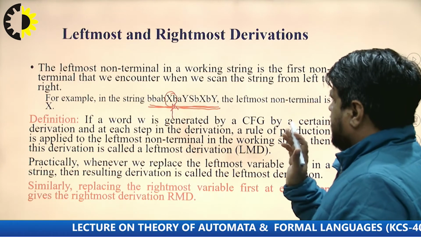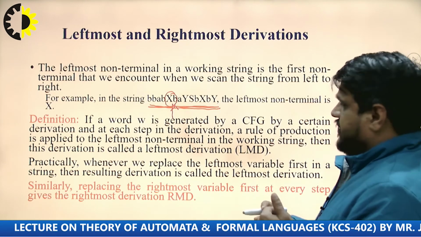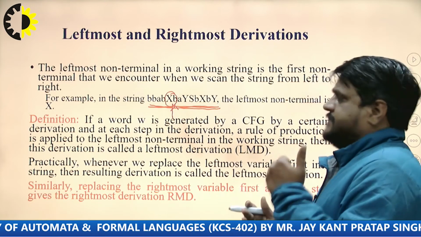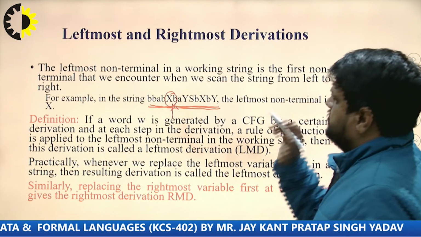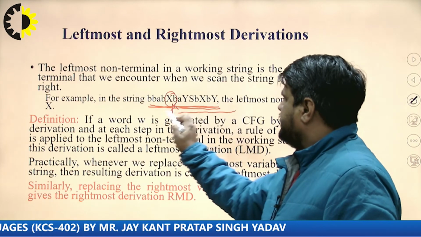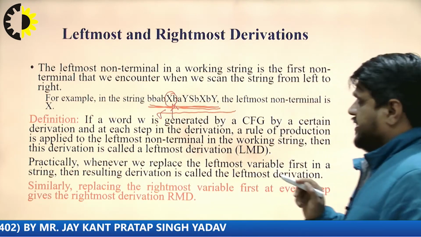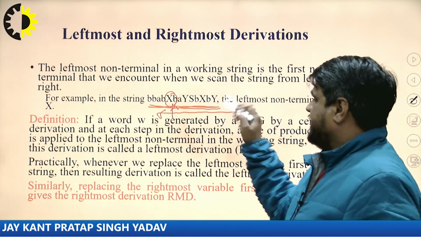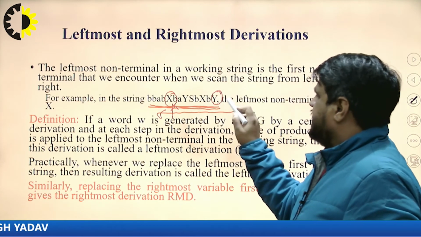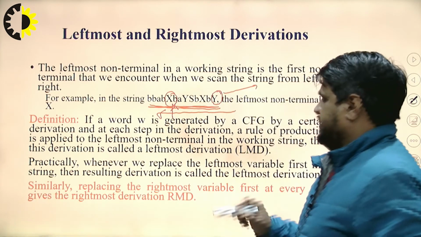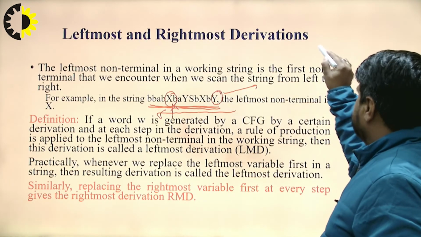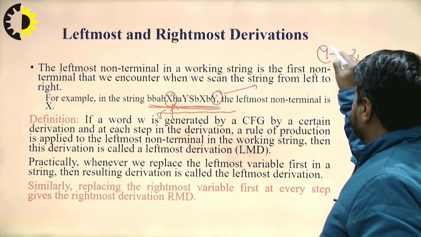In order to generate a string of terminals, in each derivation step, you replace the extreme right non-terminal. Extreme right means you scan the string from right to left, and the first non-terminal encountered in the derivation process gets replaced. The non-terminal encountered at the extreme right here is Y. So you replace this by the right hand side of the production corresponding to Y. If there is a production Y tends to alpha, then you replace Y by alpha.